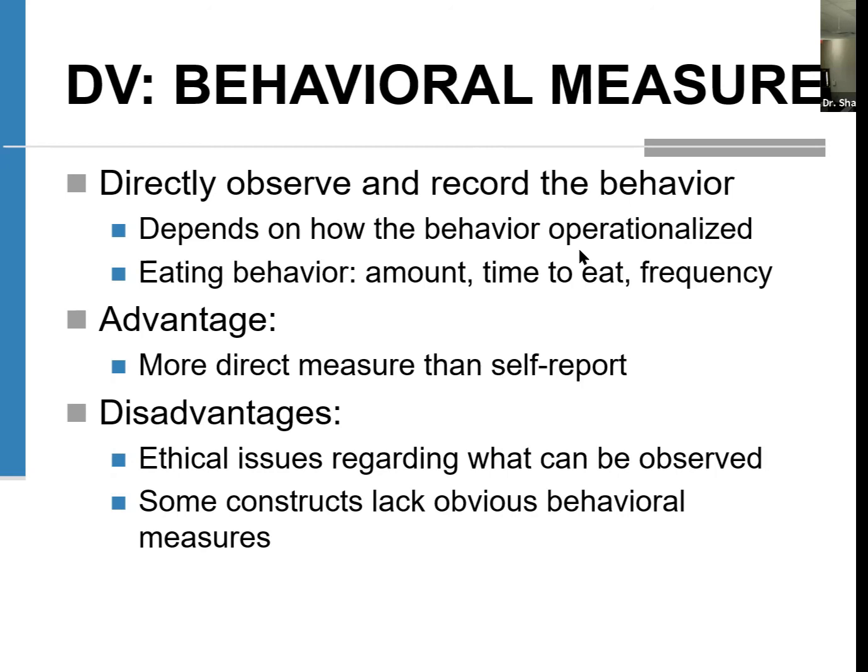We need to make sure that we have conducted an operational definition for this variable. So the way that we record something is going to depend immensely on how we define it. How are we going to record it if I don't know what it looks like? I don't have a definition for it. Just like the example that I gave you earlier. How are we going to go hunting for ducks if you've never seen a duck in your life?